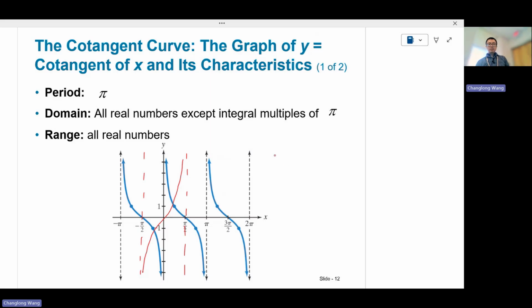So let me remind you of an identity that you have learned before. I claim that cotangent x is tangent of pi over 2 minus x. Can anyone identify that identity? I want to know the name of it.